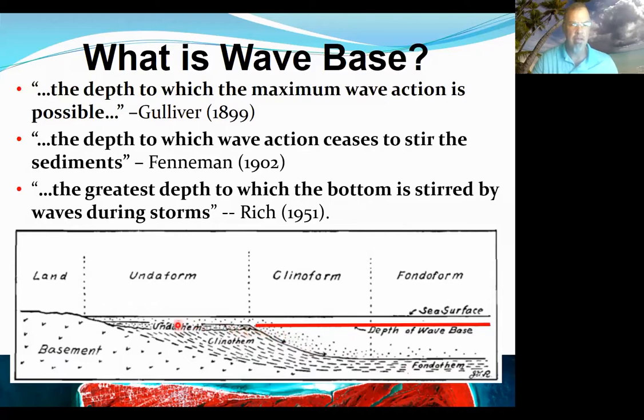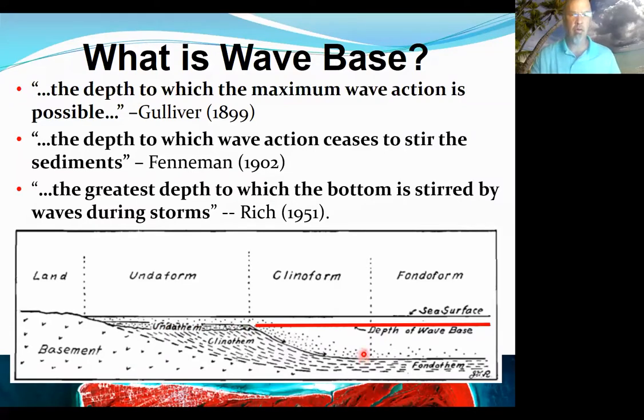He defined the undathem as the topset, the clinothem as the sloping part of the bed, and the fondothem as the bottom. He said the undathem, unda being Latin for wave, was driven by the depth of wave base. So I thought this whole clinoform model was related to wave action.